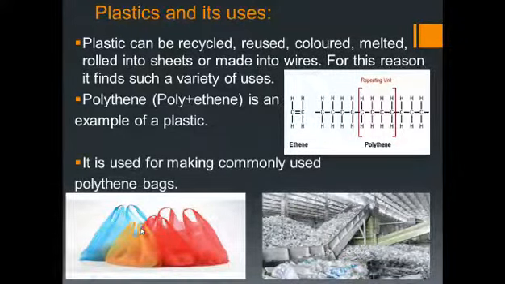Children, can all the plastic articles be bent easily? No. Some plastic items can be bent easily, while some can be broken when forced to bend. When we add hot water to some plastic bottles, they get deformed.